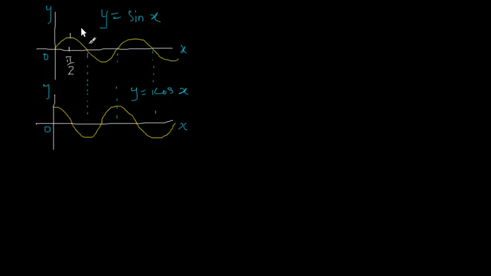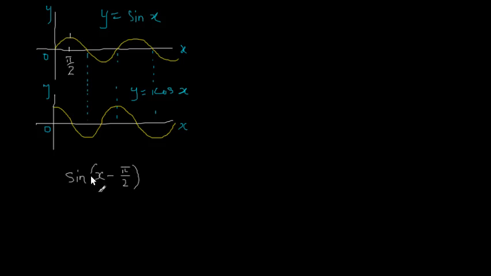So this relation can be written in this way. We can represent a shifted graph by taking, say, sine x. If sine x is shifted by 90 degrees to the right, we can represent that as sine of x minus 90 degrees, minus pi over 2 radians.